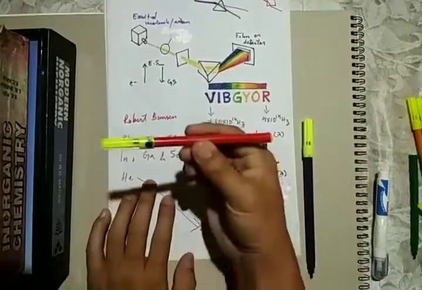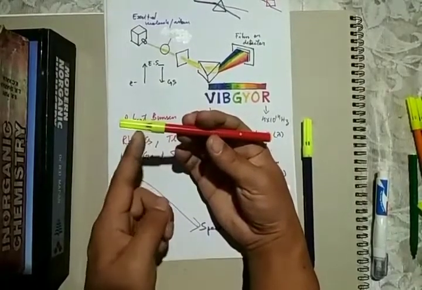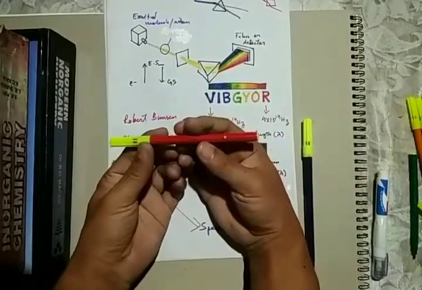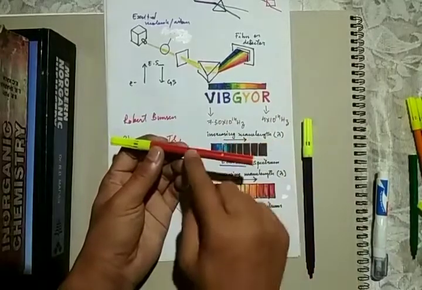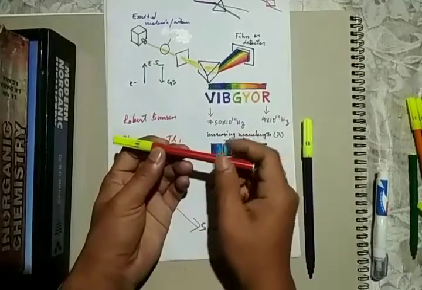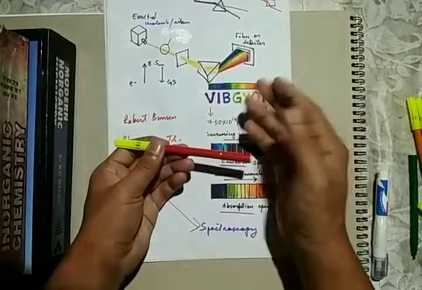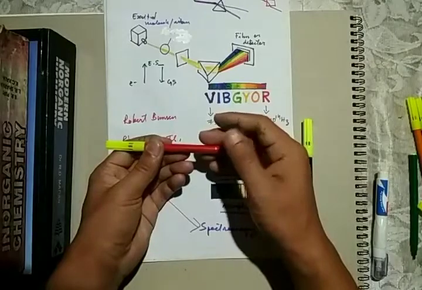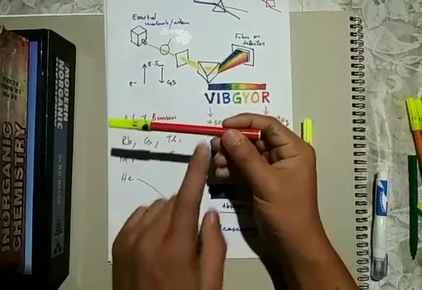As you can see, this sketch pen has lemon yellow and red color. In the presence of light, since this is red, in the visible region it will absorb the rest of the colors except the red.